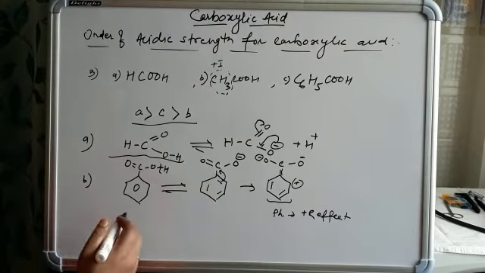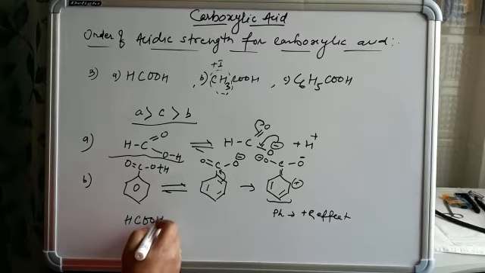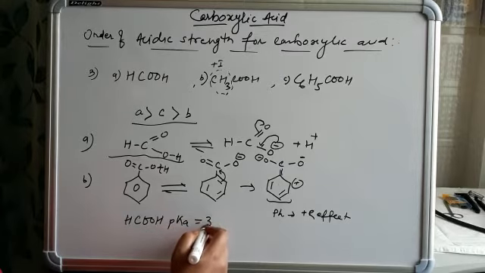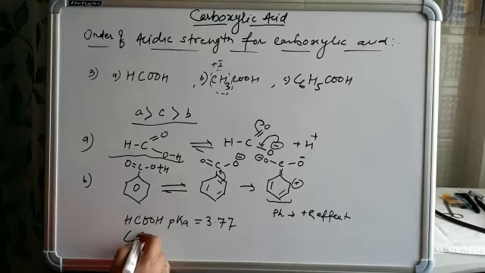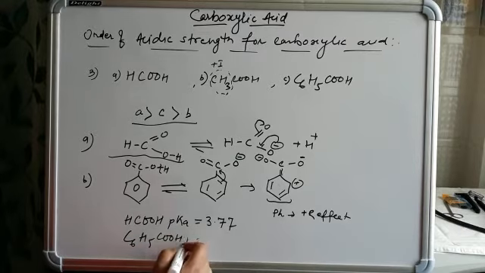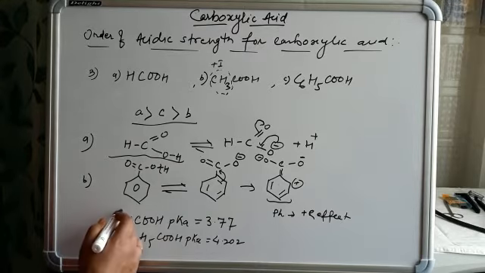And the least acidic nature is due to the presence of alkyl group. We can also know the pKa value of formic acid. It is 3.77, and C6H5COOH has a pKa value of 4.202, and we know that the lower the pKa value, the higher the acidic character.